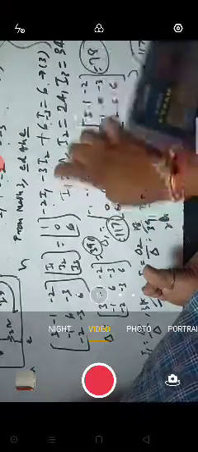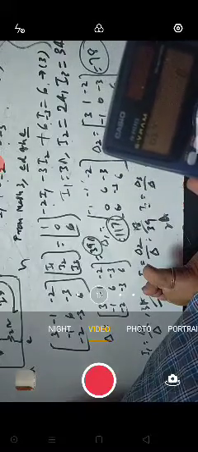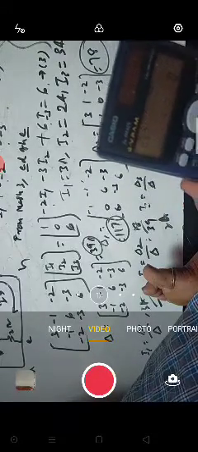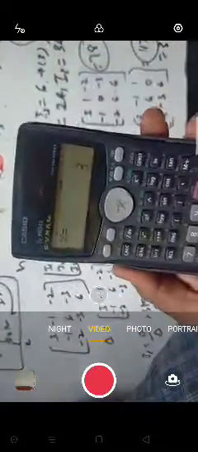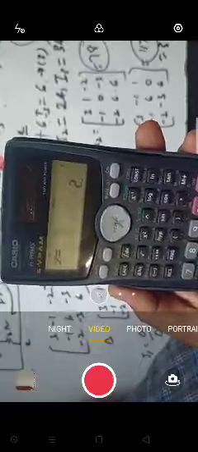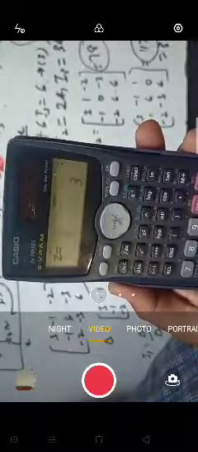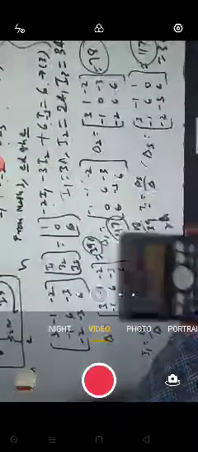And A3 is -2, B3 is -3, C3 is 6, D3 is 6. So after substituting all this, it displays x is equal to 3, y is equal to 2, z is equal to 3. Means that I1 is 3, I2 is 2, I3 is 3. We have found the answers.